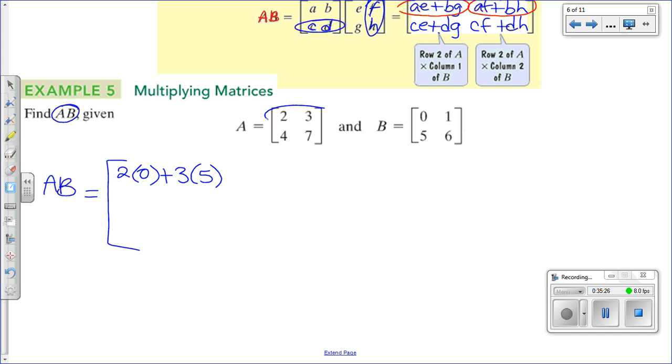Next, I'm going to multiply the first row times the second column, and of course add the products. So it will be 2 times 1 and 3 times 6, but we are adding them.